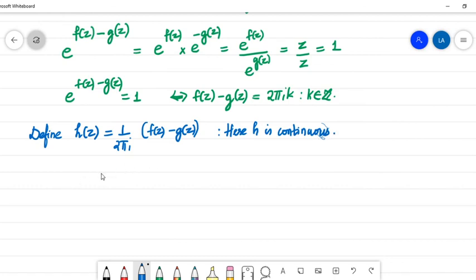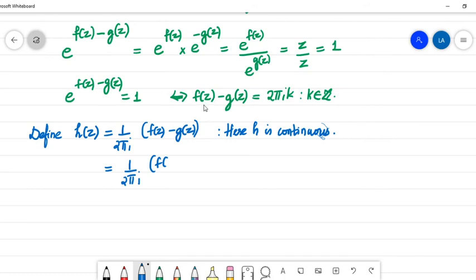And what is it equal to? 1 by 2 pi i into f of z minus g of z. What did we obtain earlier? We obtained that f of z minus g of z is equal to 2 pi i k.